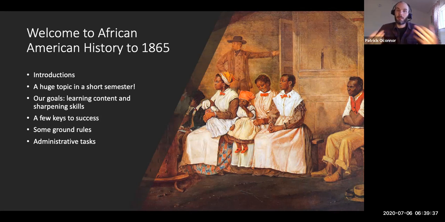But one of the most important things we're going to do to this end is we're going to read a lot of stuff, right? We're going to read a lot of, in particular, primary sources. These are sources created by historical figures. They include the letters, the memoirs, the legal papers of numerous enslaved people. And reading a primary source is not like reading, I don't know if people still read newspapers, but let's say it's not like reading the news.